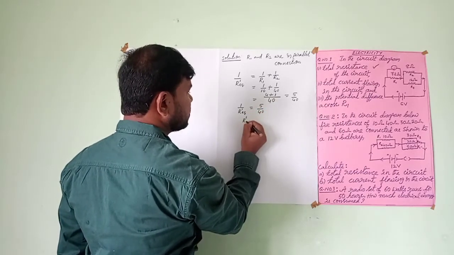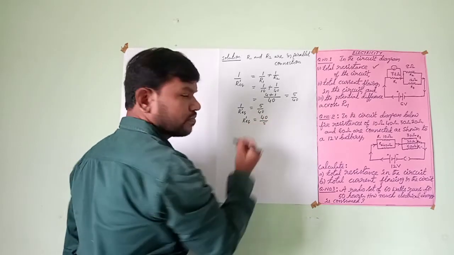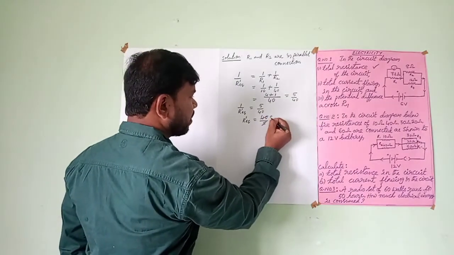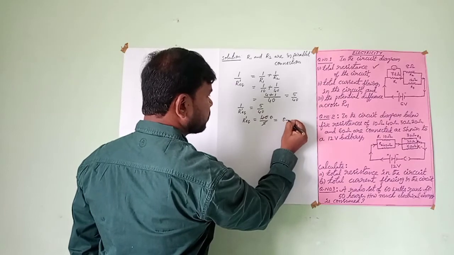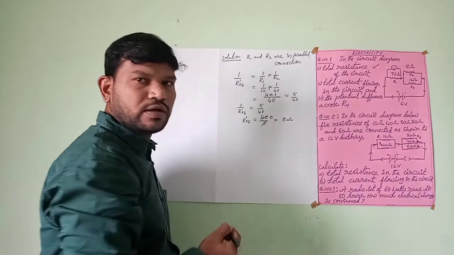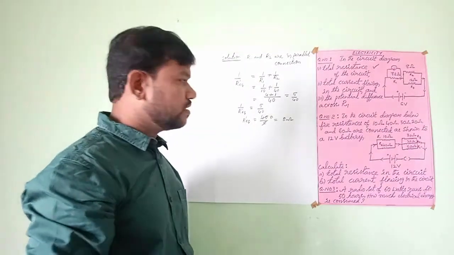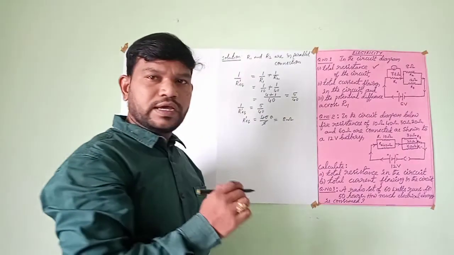Now R dash equivalent is equal to 40 by 5, that is equal to 8 ohms. So we got the resultant resistance of R1 and R2 as 8 ohms.